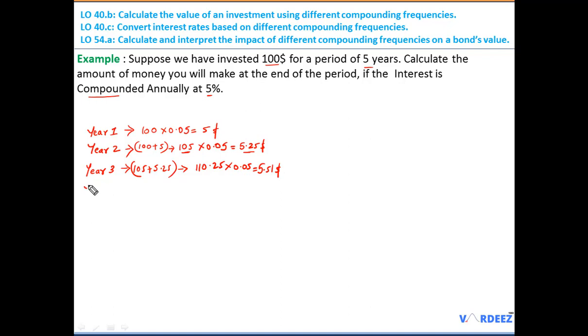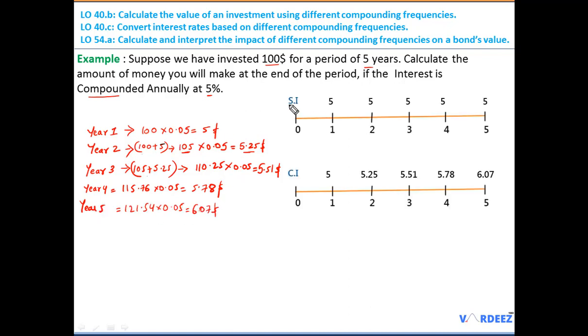Similarly I can calculate for year 4: 110.25 plus this gives 115.76, multiplied by the interest rate, gives $5.78. And similarly I can calculate for year 5. This is how the calculation of compounding interest looks.